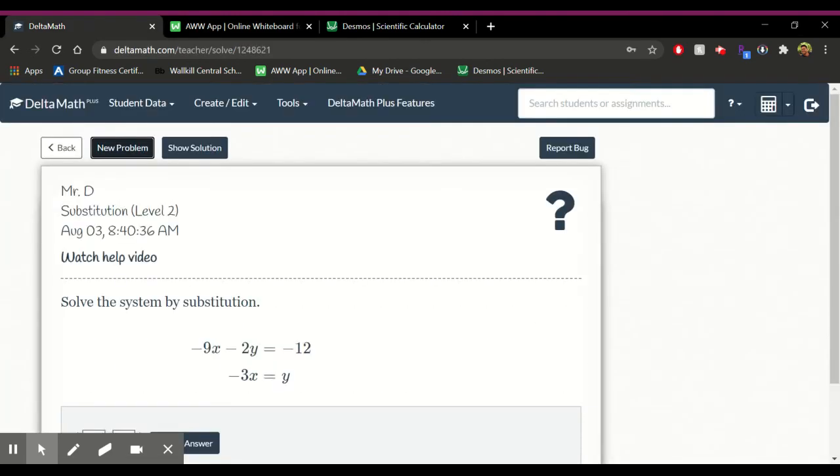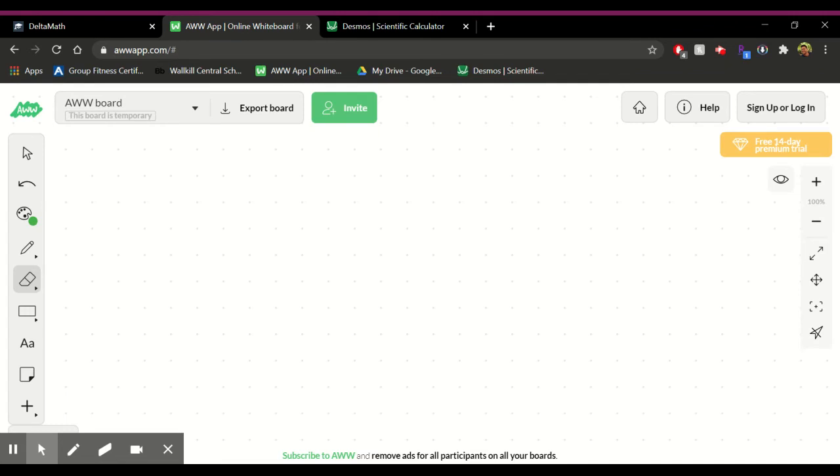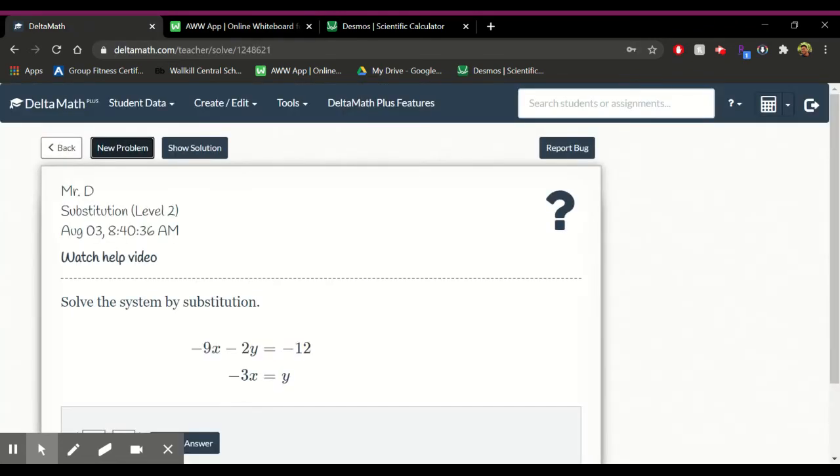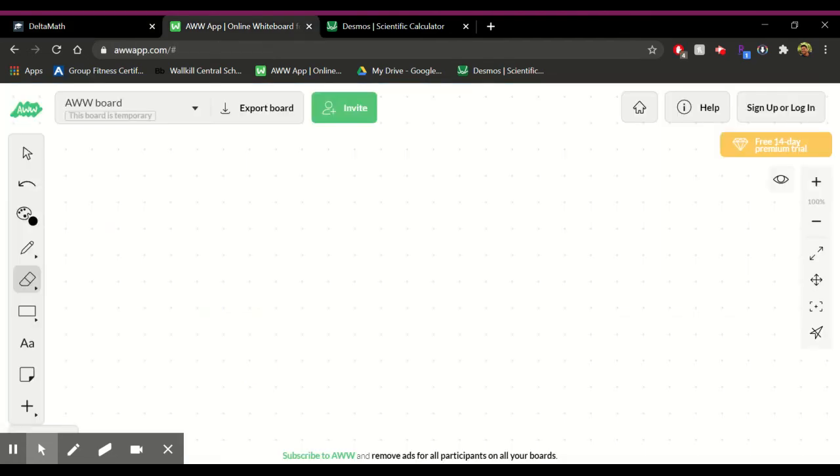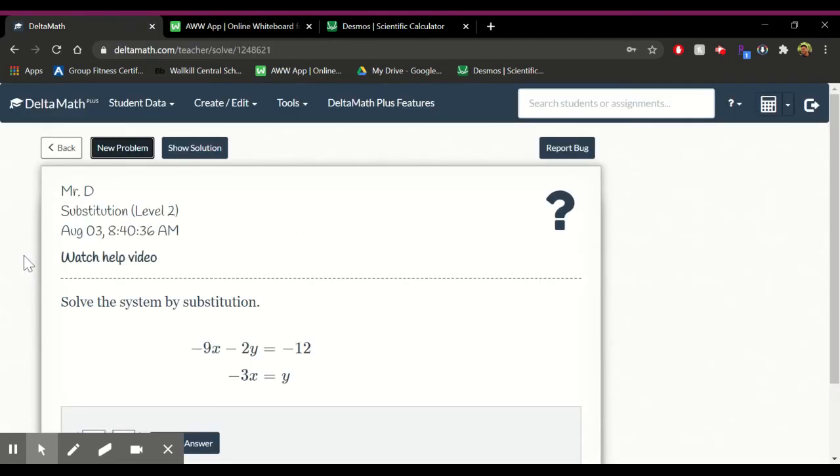All right. So we have negative 9x minus 2y equals negative 12. Lots and lots of negatives. So we have negative 9x minus 2y equals negative 12.